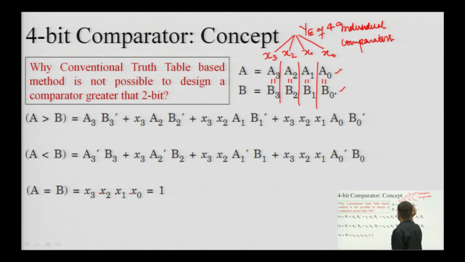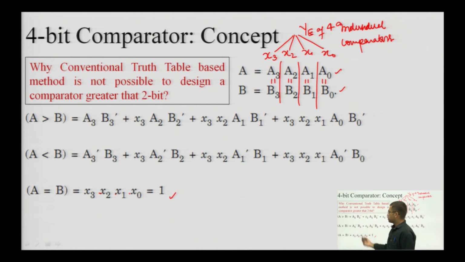So, this equal has only one possibility, in which all four comparators give me the equal high output. So, 1 into 1 into 1 into 1 will be equal to 1. So, this is the expression for equal.